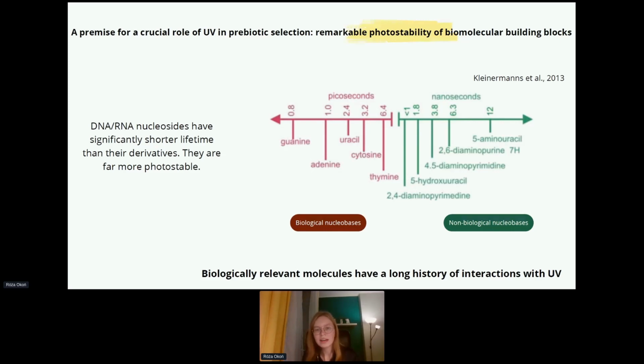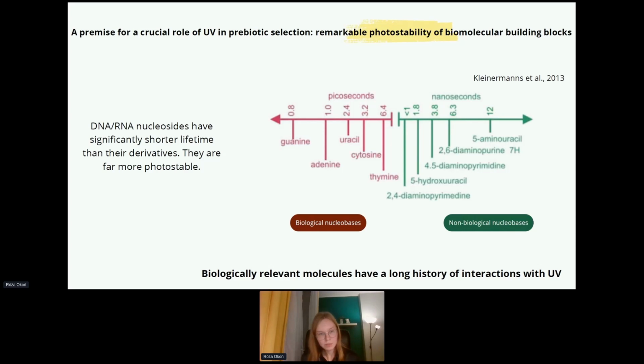we can see that lifetimes are often about a few picoseconds, where a picosecond is 10 to the negative 12 of a second, which means it is a millionth of a millionth of a second. While for non-biological nucleobases, the compounds which are very chemically similar, but do not perform any biological function, this lifetime is more than 1,000 times longer, about a few nanoseconds.